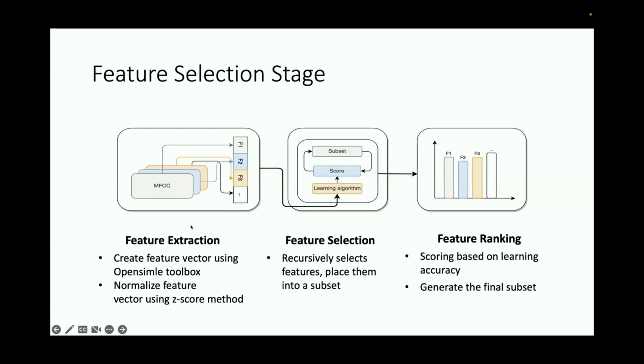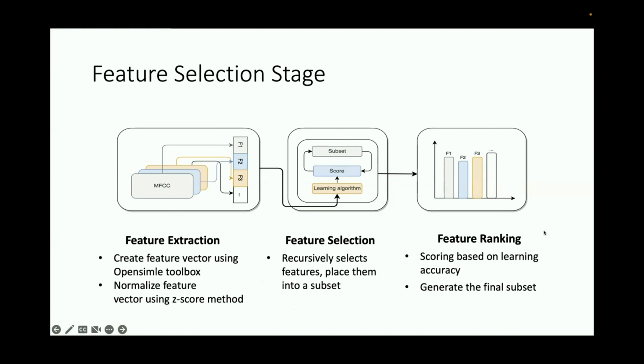So the feature selection stage basically consists of these three steps. Firstly, the feature extraction, which actually creates a feature vector using the OpenSMILE toolbox and normalizes them into a vector. After that, we do the feature selection step. It recursively selects the features and places them into a subset.